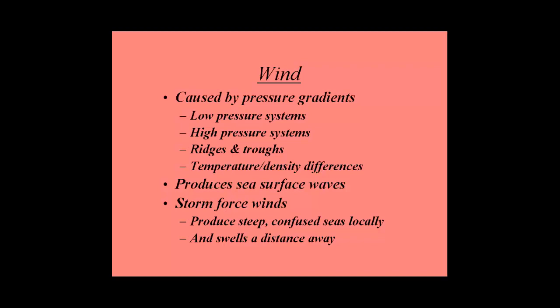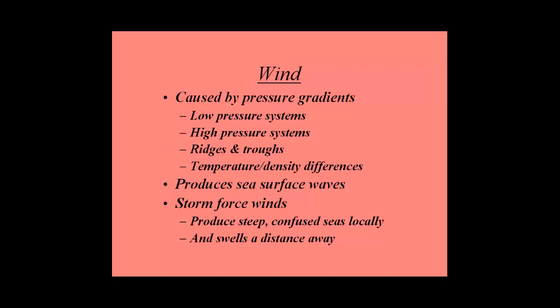As I'm sure most of you know, it's caused by pressure gradients, and you have low pressure systems, high pressure systems, you have ridges and troughs, you have temperature and density differences of the air itself. These things cause wind, and wind flows basically from high pressure to low pressure. And the wind, of course, produces sea surface waves.